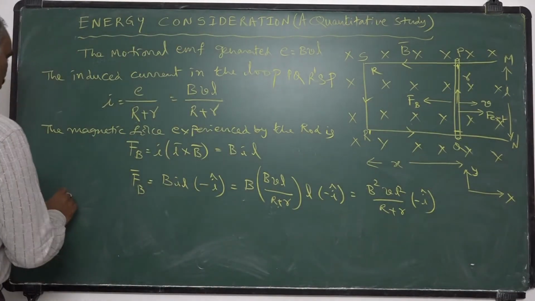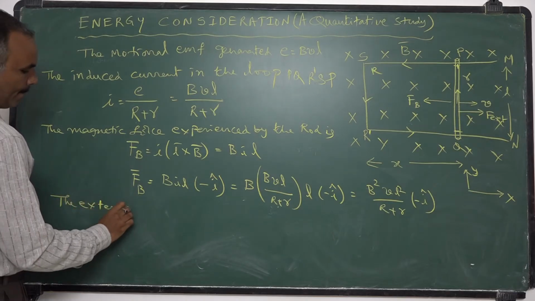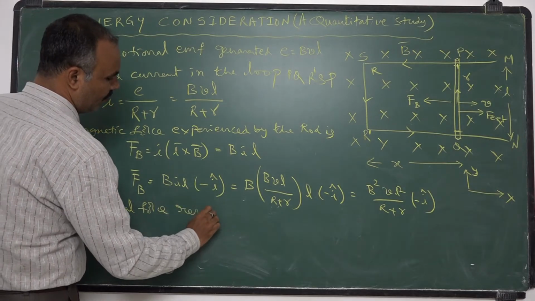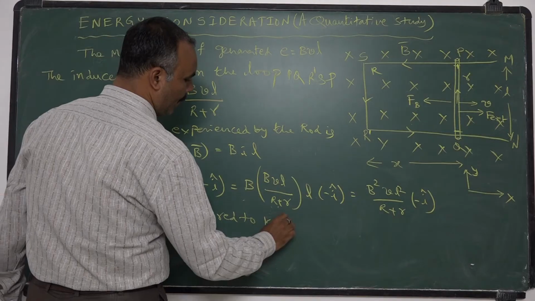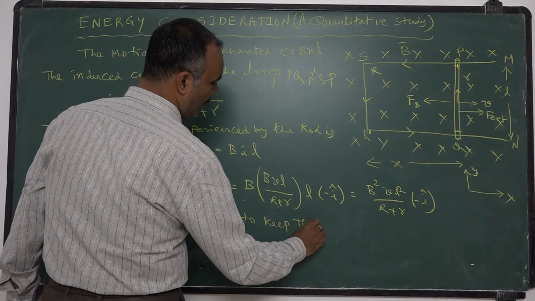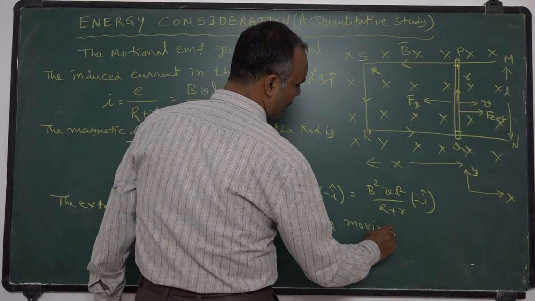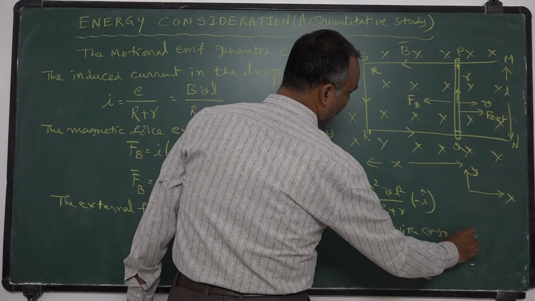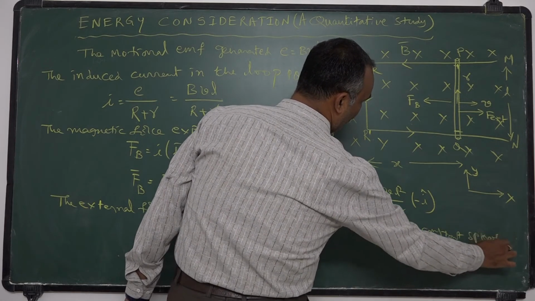So the external force required to keep the rod moving with constant speed V.